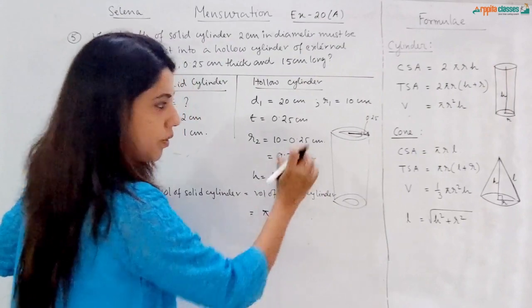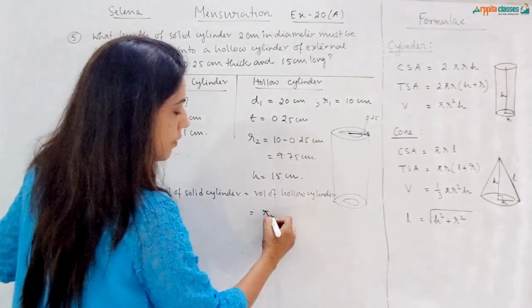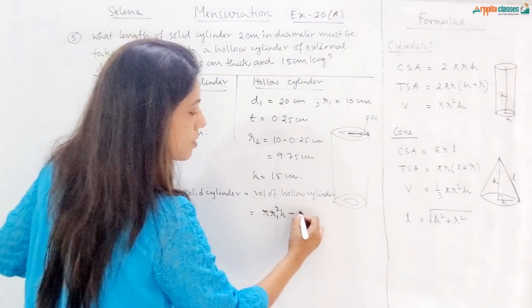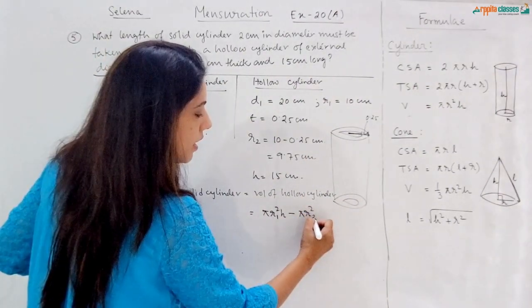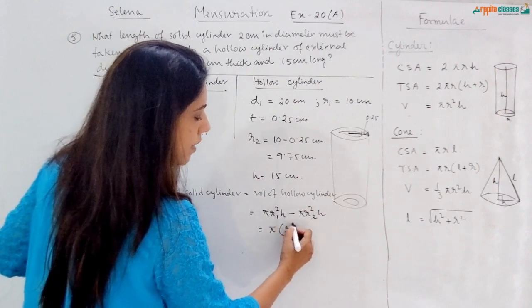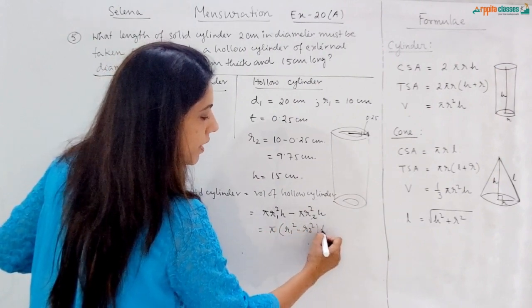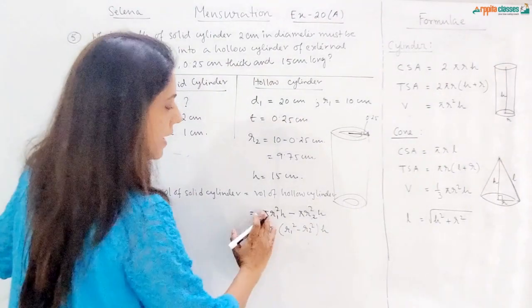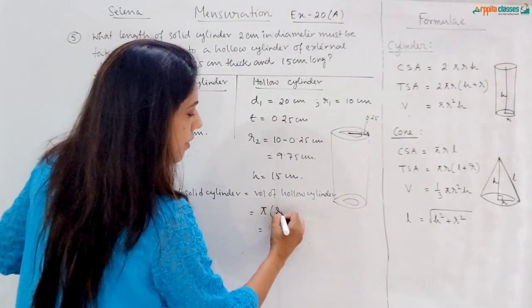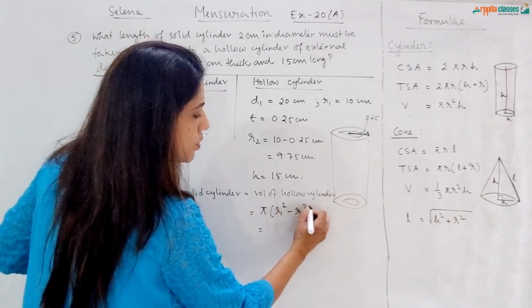It is the volume of the outer cylinder, which is pi R1 square h, minus the volume of the inner cylinder, which is pi R2 square h. So we can take pi and h common, so it will be R1 square minus R2 square into h. That is what I wrote directly. So here I can write down the direct formula, pi (R1 square minus R2 square) into h.